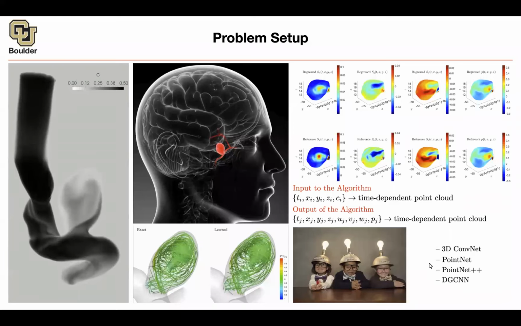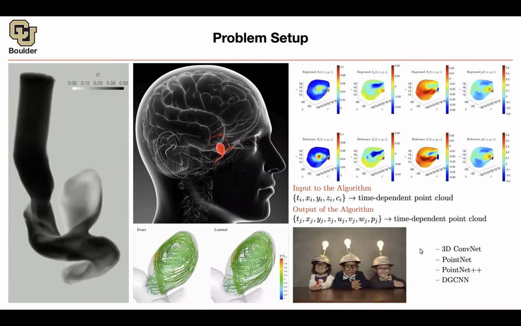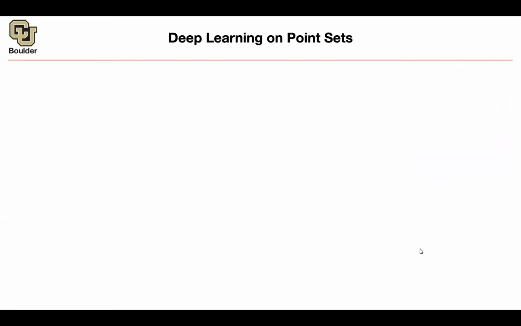But before we dive into choosing a method or a model, let's take a closer look at the data. And this goes back to the question. What is the data? This is the input data.